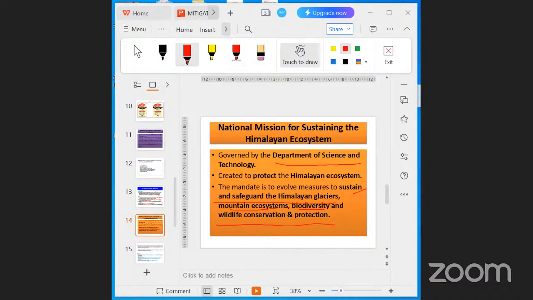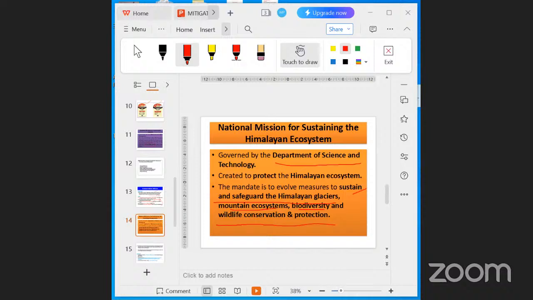So this particular aim deals with development or improvement of the ecological value of the Himalayan ecosystem, right? So, and also environmental peculiarities and biodiversity peculiarities of Himalayan ecosystems.